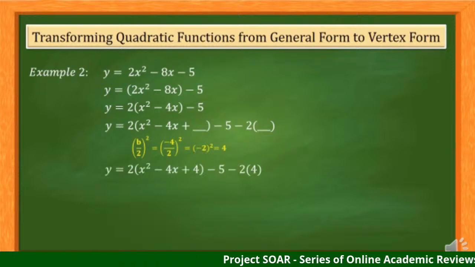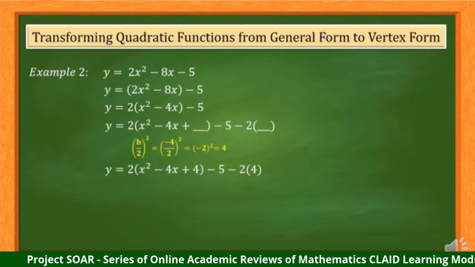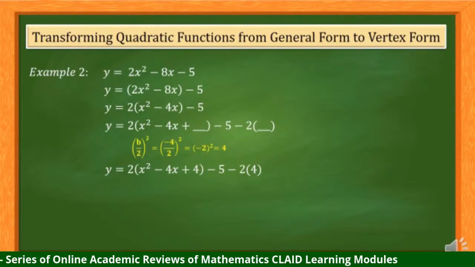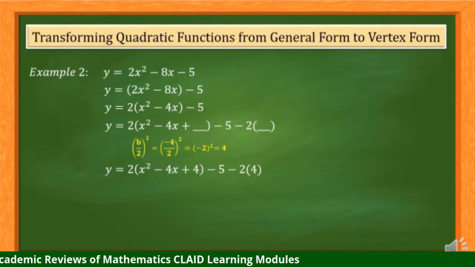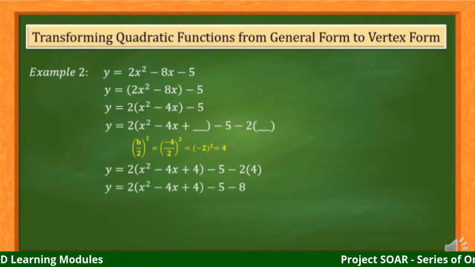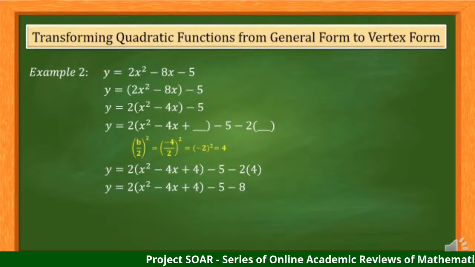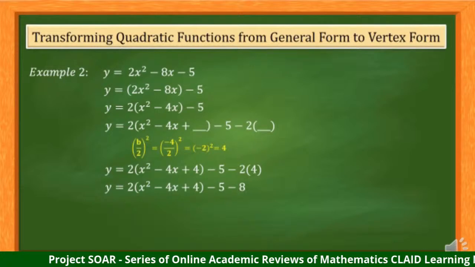Then we have y is equal to 2 times the quantity of x squared minus 4x plus 4, minus 5 minus 2 times 4. Then just simplify this equation. We have y is equal to 2 times the quantity of x squared minus 4x plus 4, minus 5 minus 8.